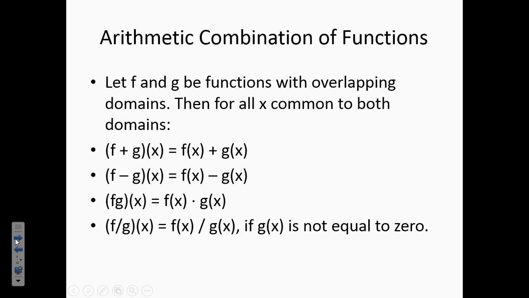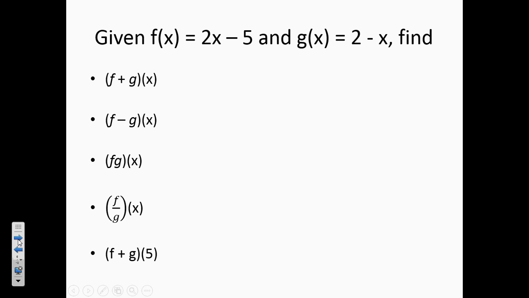Okay, so here we go. We're given two functions. f of x is 2x minus 5, and g of x is 2 minus x. They're going to ask you to take f plus g, arithmetically combine them by adding them, of x.